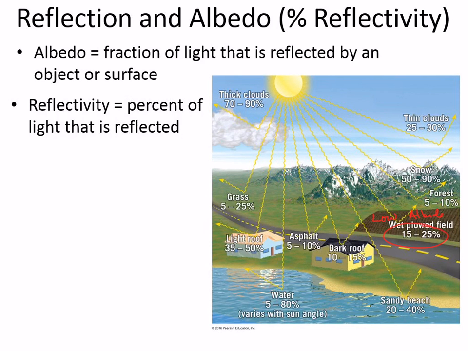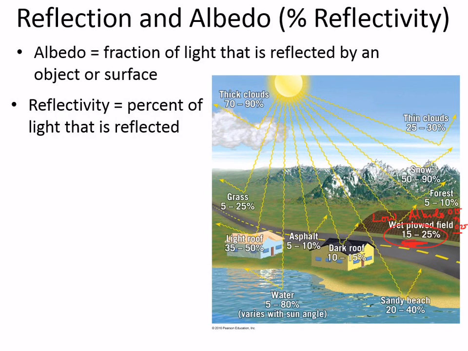Now, I said albedo and percent reflectivity basically differ by a factor of 100. So if this is the percent reflectivity, the albedo would be 0.15 to 0.25. See how that works? It's just the decimal version of percent reflectivity. Albedo and percent reflectivity are saying the same thing.